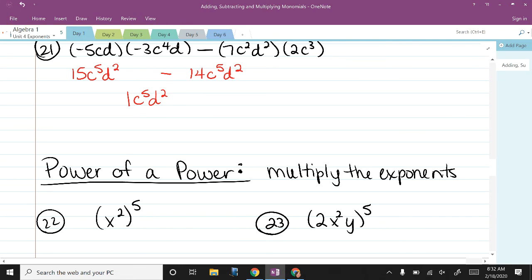Now, y'all understand what I'm talking about when I say power of a power? If I take something that already has an exponent on it, that's a power, right? So power of a power, I take it and raise it to another exponent.